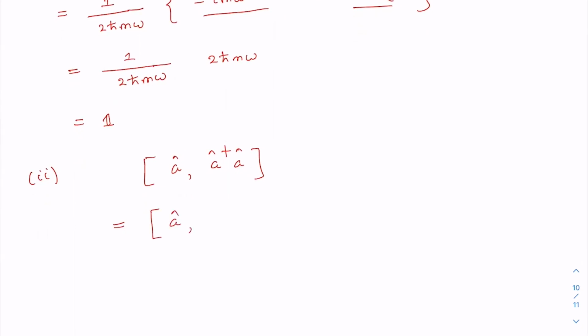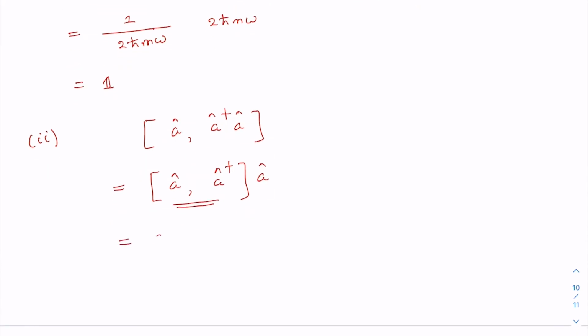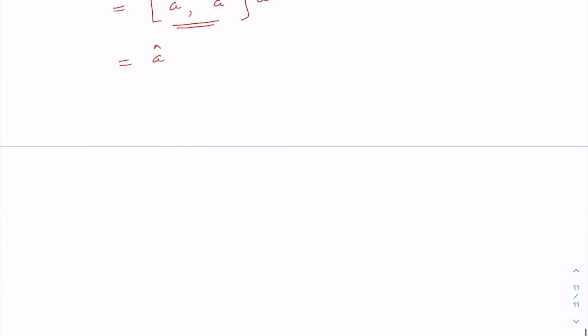So you have A dagger A, I can write it this way, and we know that A A dagger is equal to 1, so this will give me simply A. And then the third relation, you have to prove A dagger A, and here I can write it as minus A dagger A dagger.